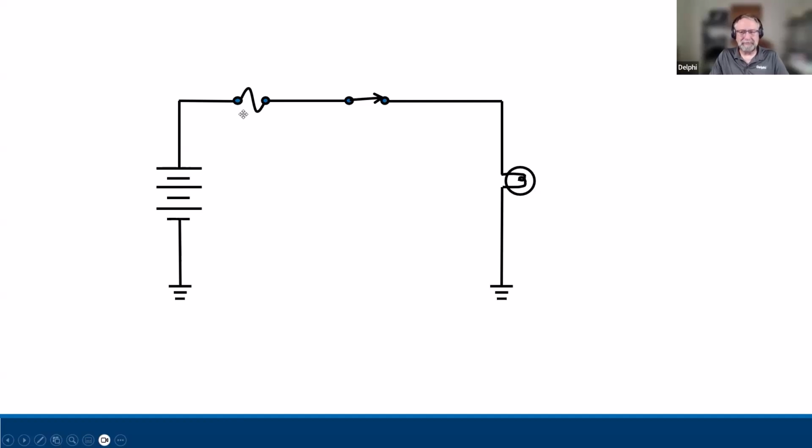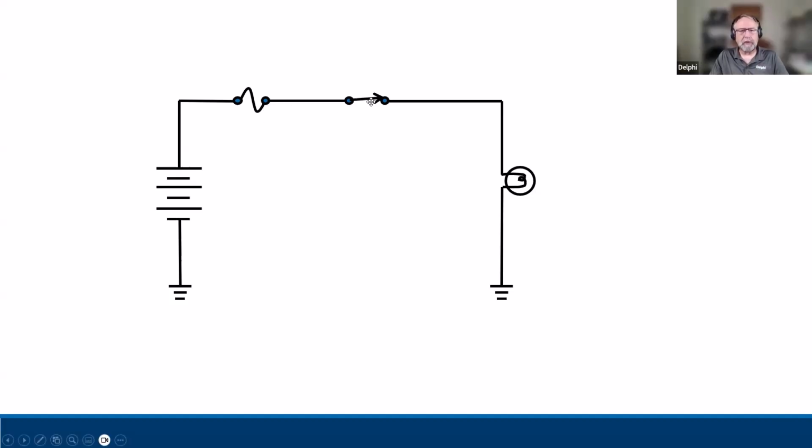The answer is yes. Will it work with the fuse bypassed? The answer is yes. This remains a critical and non-negotiable part of the electrical circuit, your fuse or circuit breaker or whatever is being used for circuit protection. That has to be there.